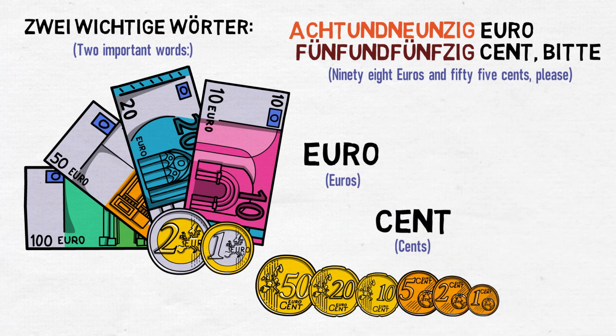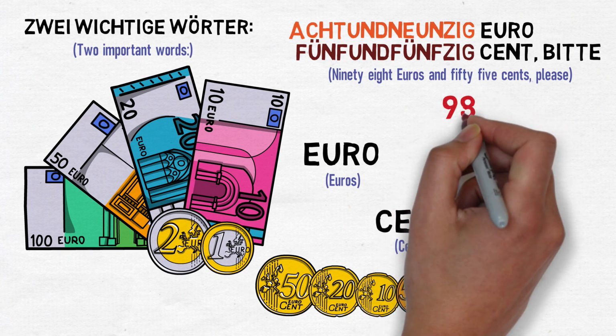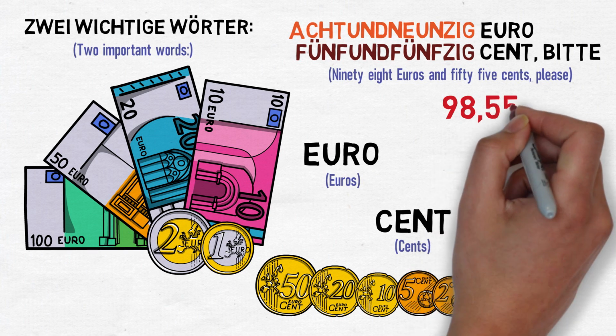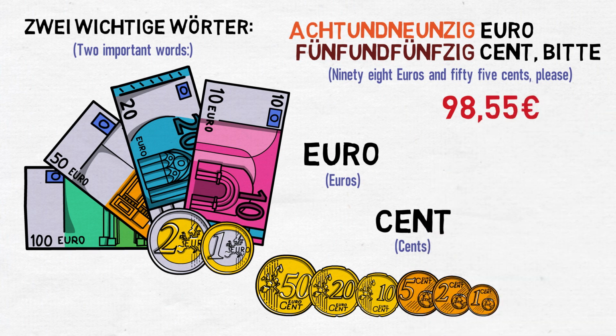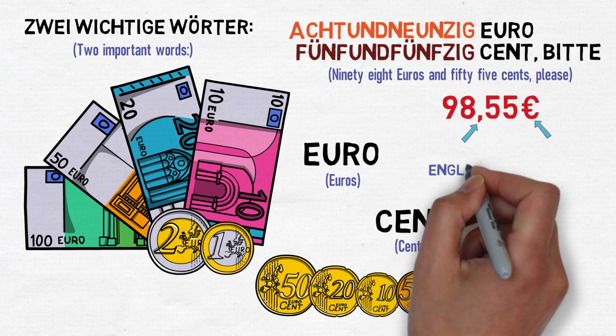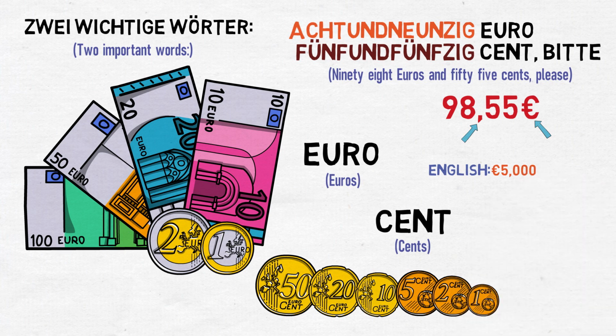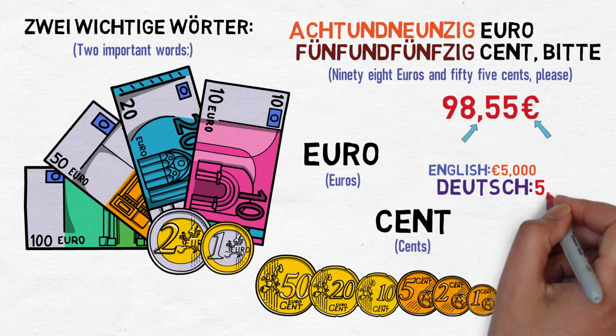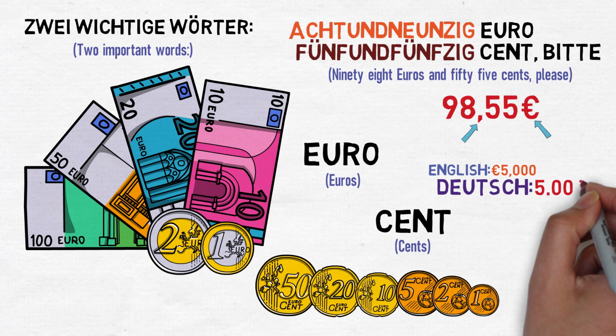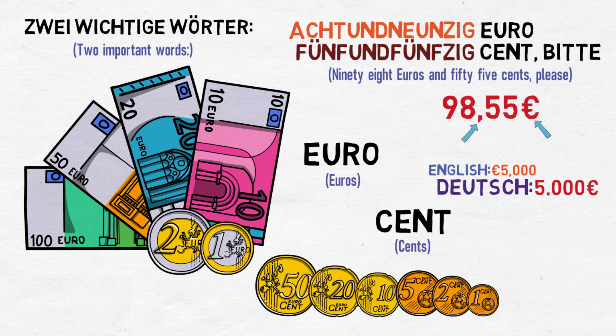In German, this would be written as follows. 98 Euro, 55 Cent. The euro sign comes after the number, and the decimal point is replaced with a comma. In the same way, when we would use a comma in English, such as 5,000 euros, Germans would write this as 5.000 euro sign.